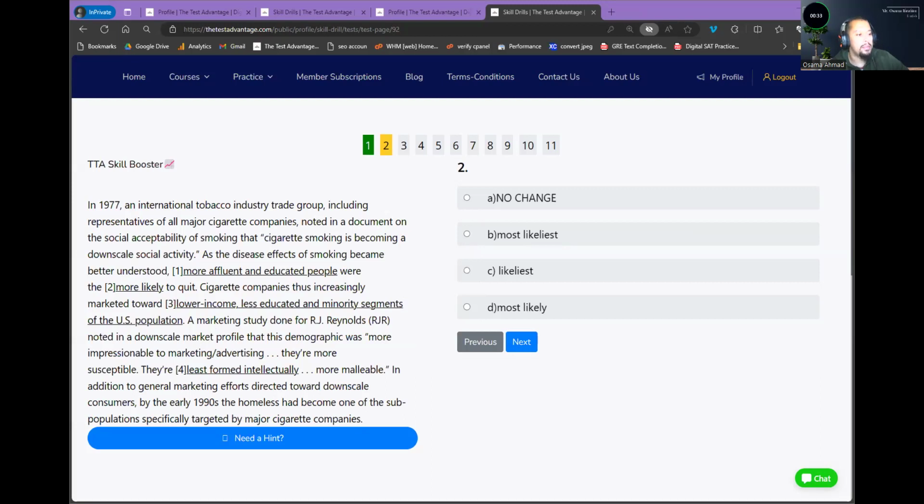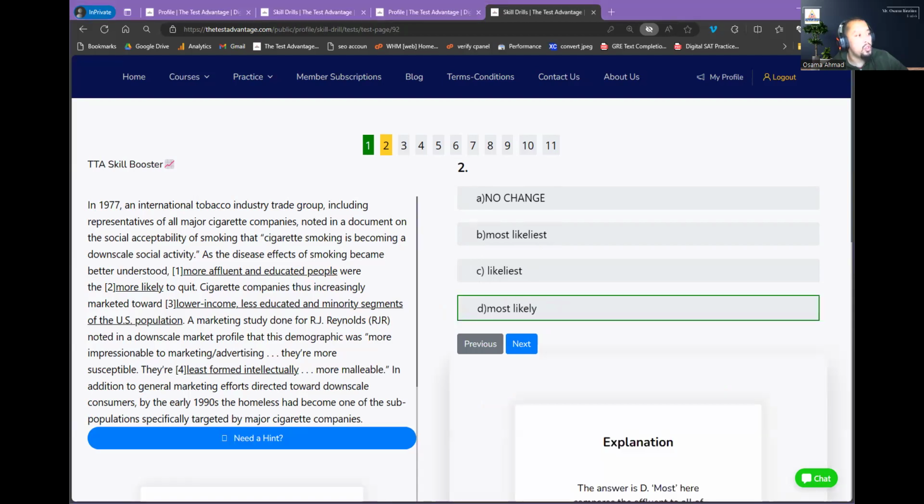Because more compares 2 things. But here, we're comparing people, right? Educated people with all the other people. So the most likely to quit. And think of one of the most. And that's what we're doing here. So 2 things takes more, more than 2 takes most.